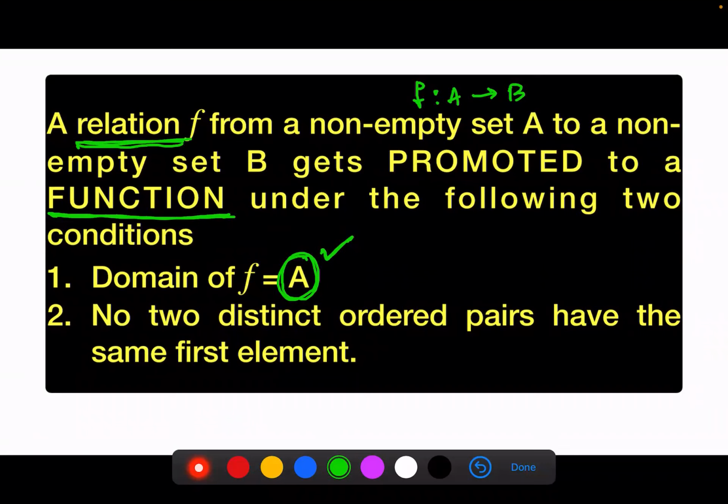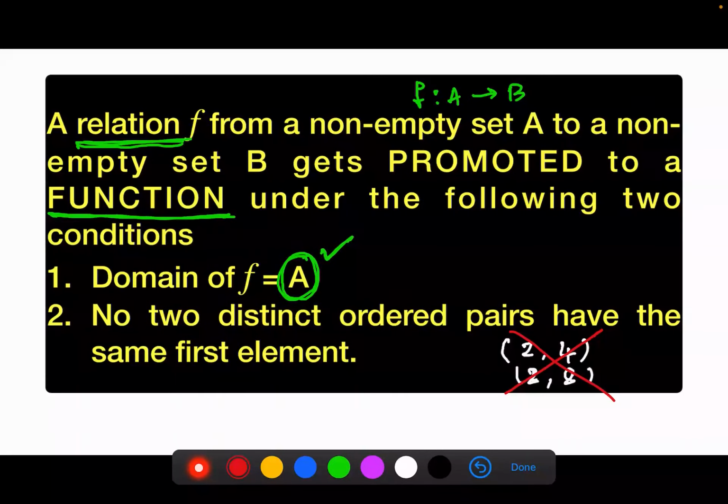No two distinct ordered pairs have the same first element. Okay, so in your function, suppose I have 2 associated with 4, and then I have 2 associated with 8. This is not allowed, because your input is 2. Sometimes your output is 4 and some other time it is 8. That is not allowed.